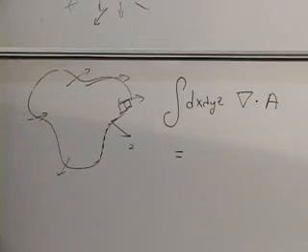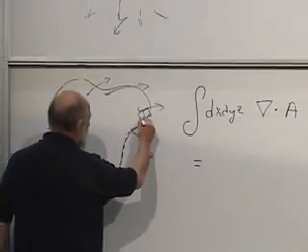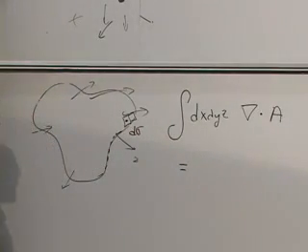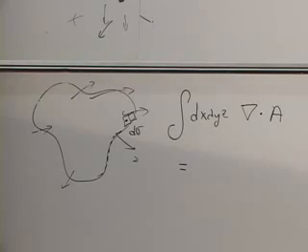Each little cell is a little area. Let's call each one of those little areas d sigma. D sigma, sigma stands for surface area. Sigma is the Greek letter sigma, it stands for surface area.